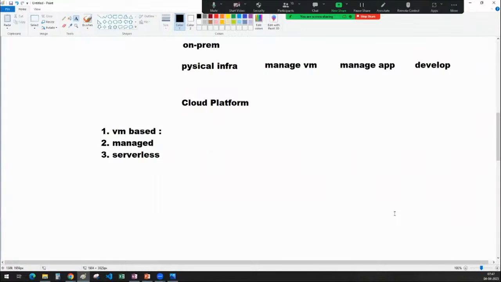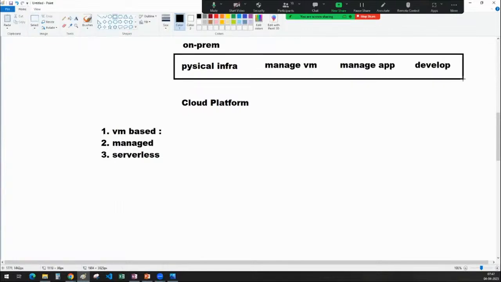Again, if we need a separate development environment for each application, we need to go for virtual machines. And again, we have to manage the application configuration. And finally, we can develop the solution on top of the service. So this is what it is. In on-premises, you as a person have to manage all of these things.